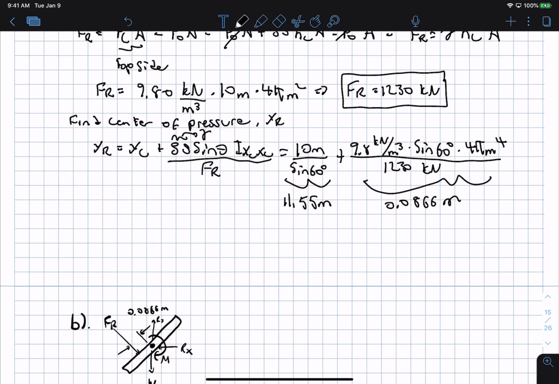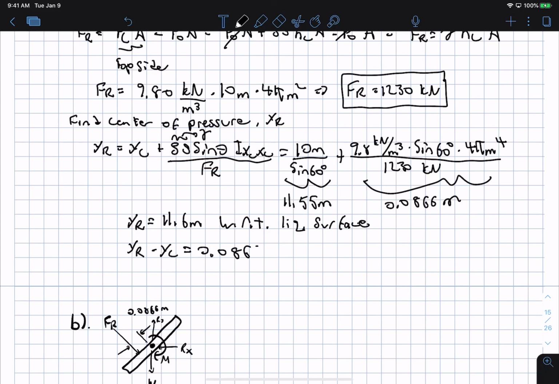Okay, so the center of pressure equals, if you add those up, 11.6 meters with respect to the liquid surface, or YR minus YC equals 0.0866 meters, and that's with respect to the centroid. Okay.